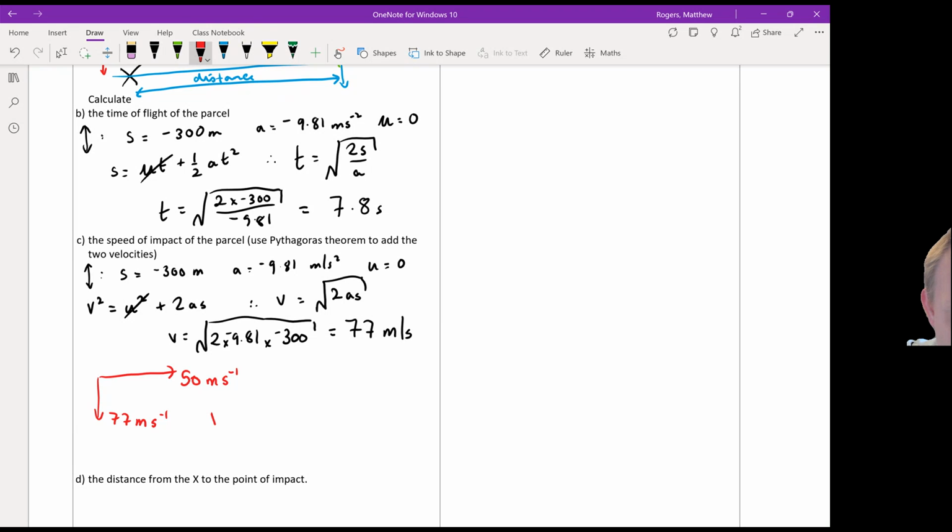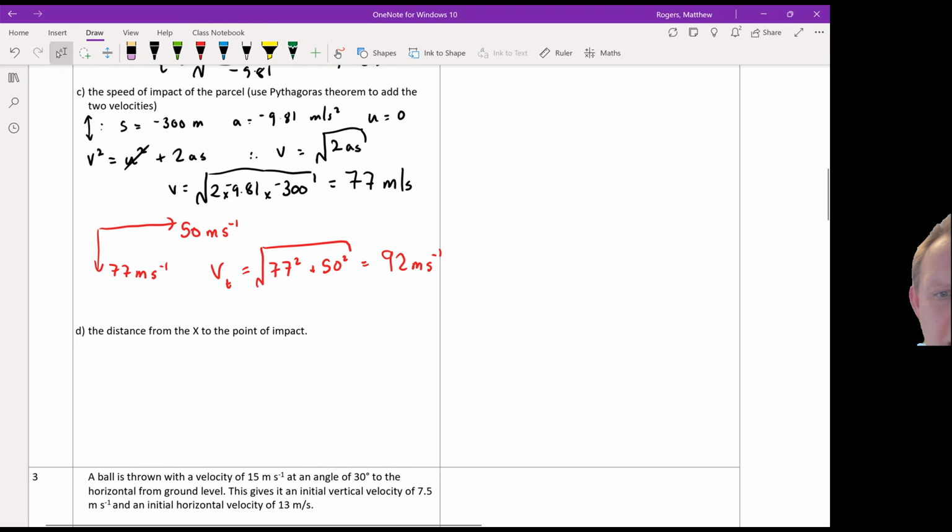I'm going to name it vT. The total velocity is equal to the square root of 77 squared plus 50 squared, which is 92 meters per second.